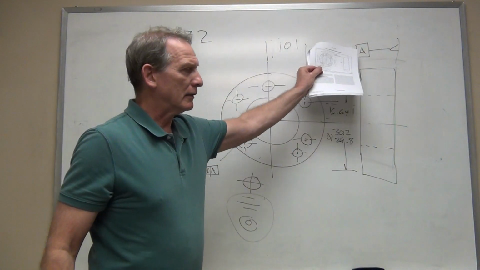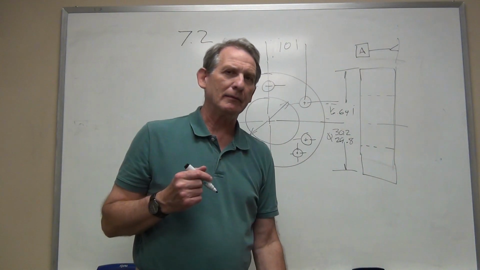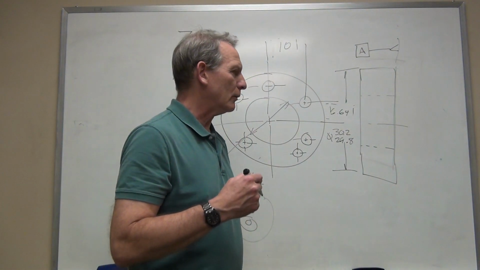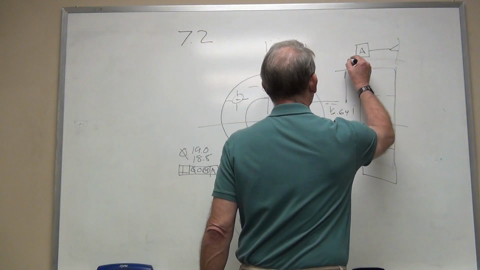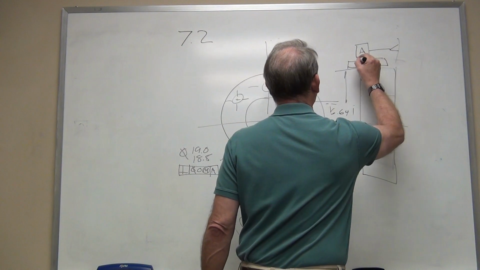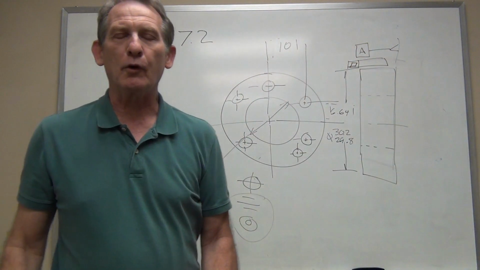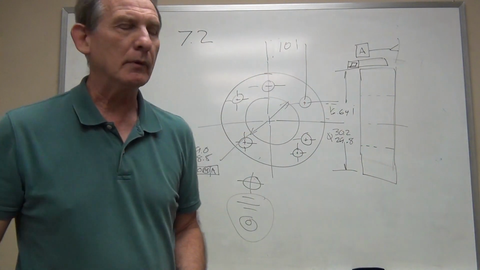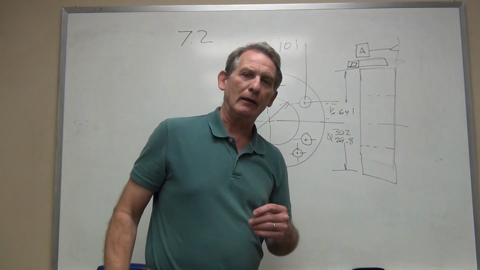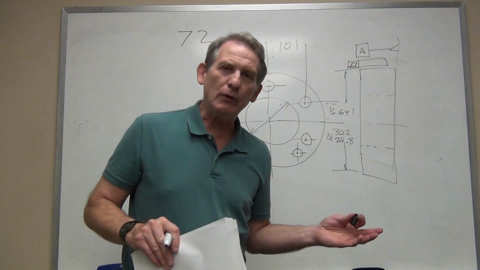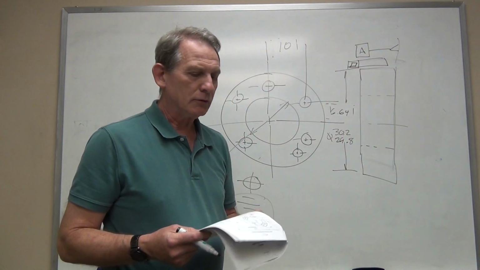It is identified as datum A. Now, realistically, if you're going to go down this route, and this is a perfectly legitimate way of doing this, very often there would be a form control for that primary datum. In other words, datum A is a flat plane. How flat? Well, we don't know here. We don't know what control is on that plane.